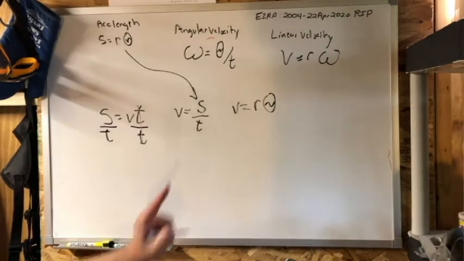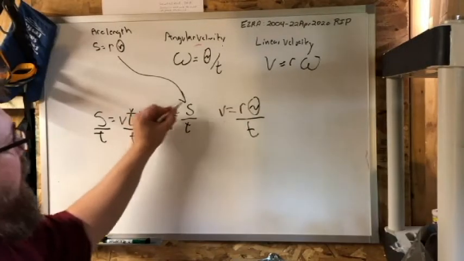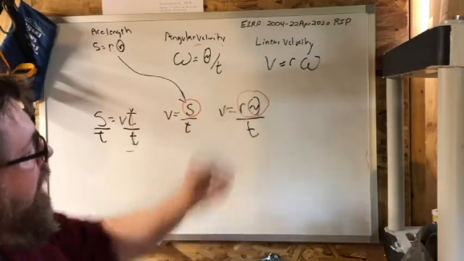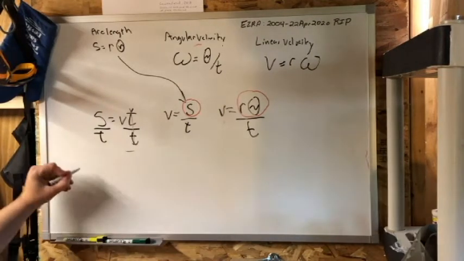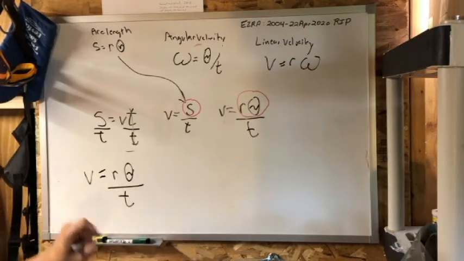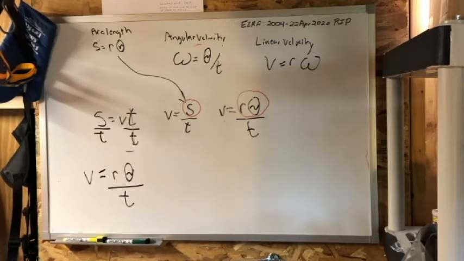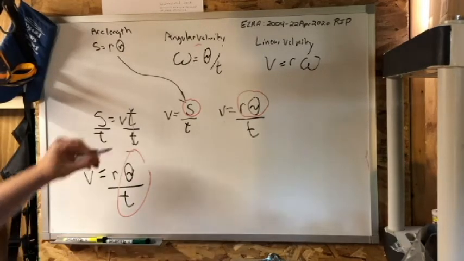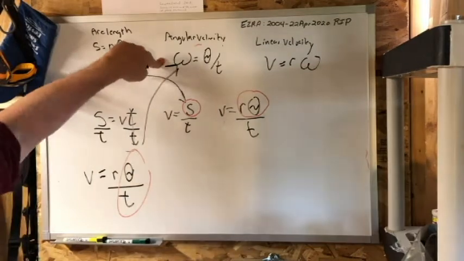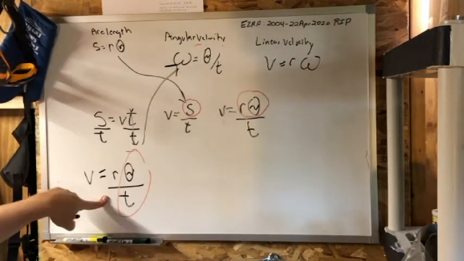So we get that, but we still need our time. We swapped our arc length for this. I'm going to rewrite it. So our velocity is our rate, theta over time. That is just that rewritten. And since this right here is equal to this up here, it's our angular velocity written right there.